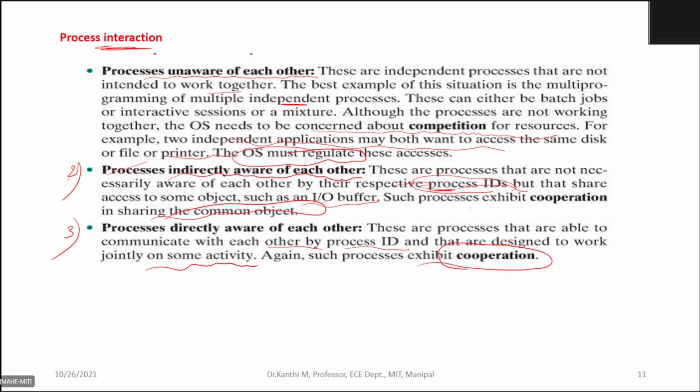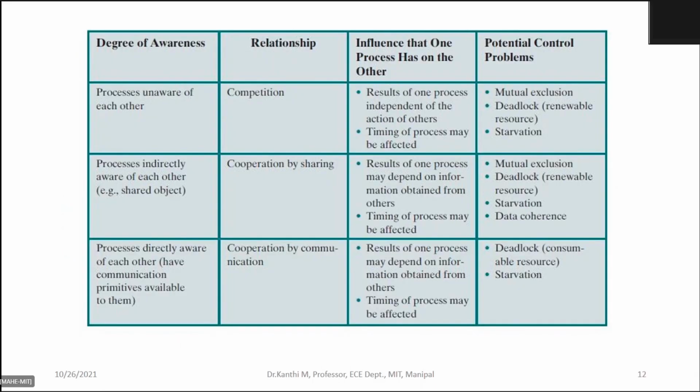Okay. So now let us see the degree of awareness. We have seen processes unaware of each other, processes indirectly aware of each other, and processes directly aware of each other. There are three categories.